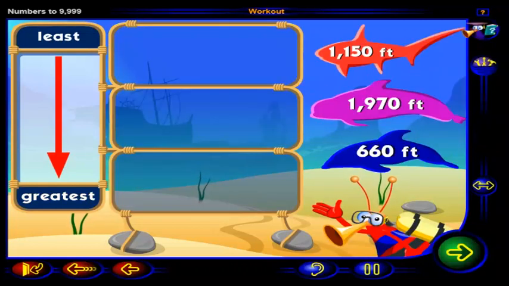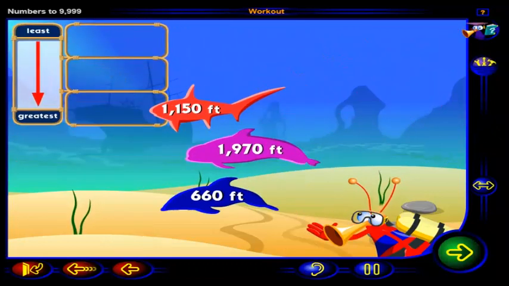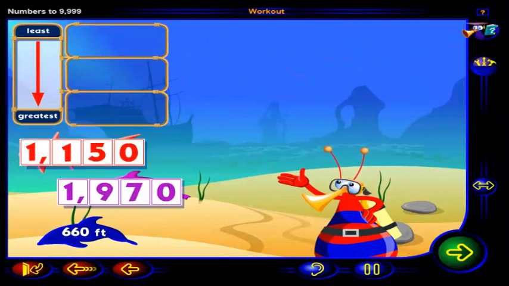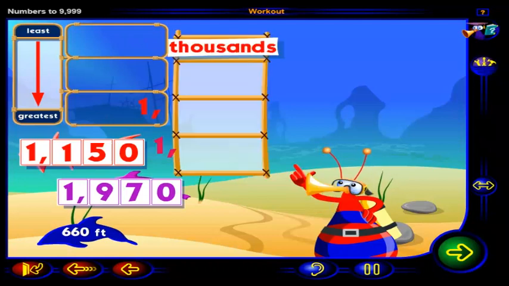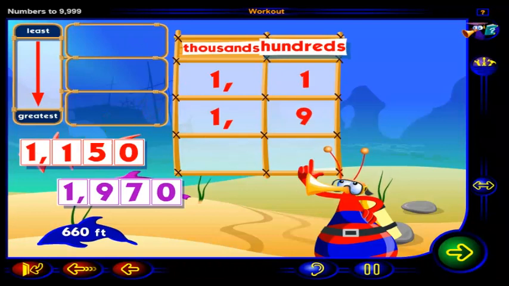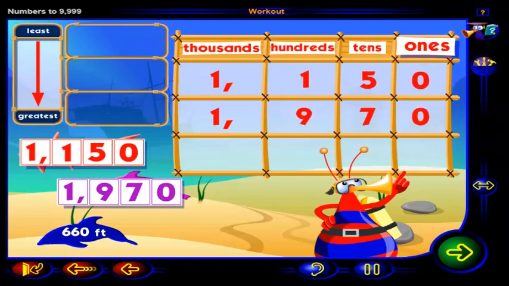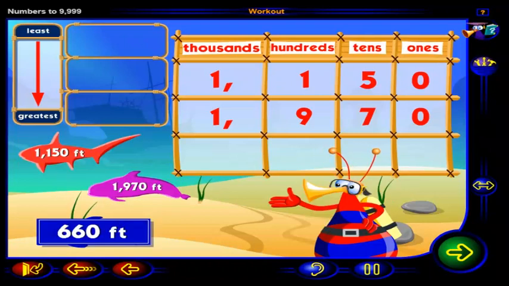Let's compare these first two numbers. Both of these numbers are 4-digit numbers. Each has 4 places: thousands, hundreds, tens, and ones. This is a 3-digit number.